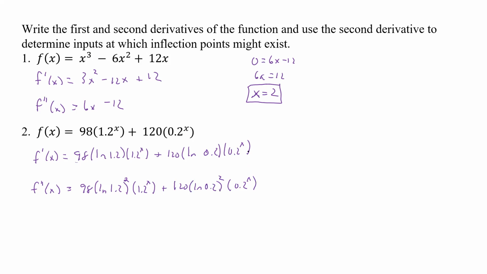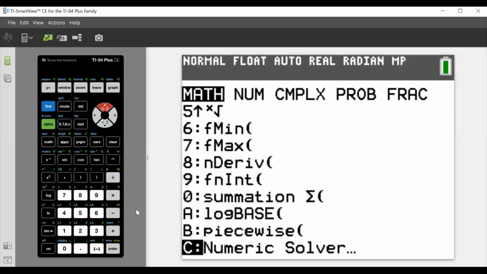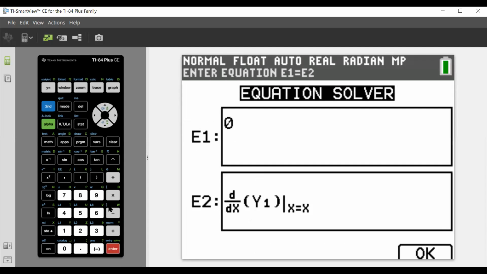All right, so now we have to remember that, and we're going to go solve that in our calculator. Okay, so we're going to do math, numeric solver, enter, and we're going to put in our function there. We just found the derivative, and so that was not... Did I write it down wrong?